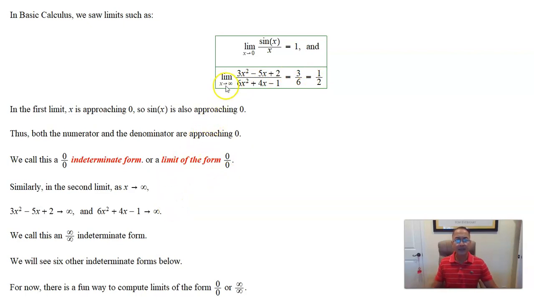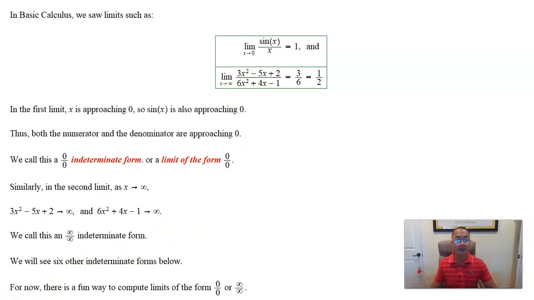But in this limit, as x gets bigger and bigger, both the numerator and the denominator are also getting bigger and bigger. In other words, they're both approaching positive infinity. So in this case, we call this an infinity over infinity indeterminate form, or a limit of the form infinity over infinity.